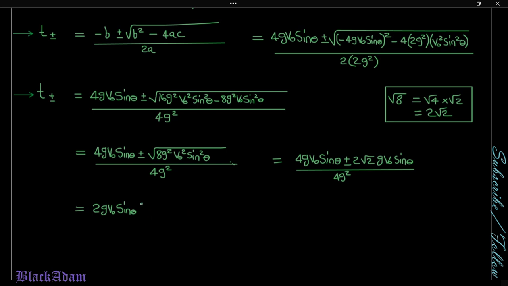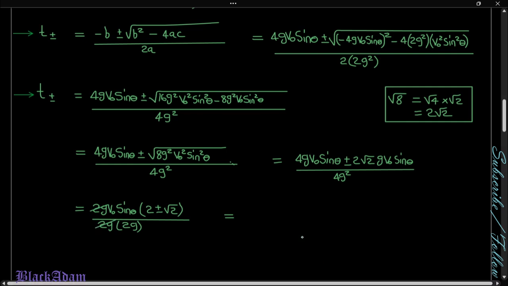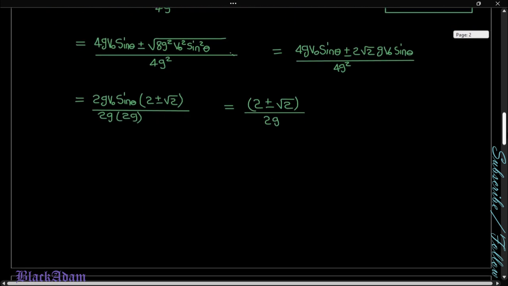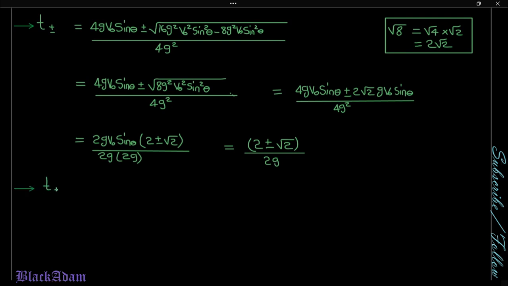We can factor that, so factoring that will give us 2 plus or minus root 2, because we factor 2 there, all over bracket 2g, so the 2g cancels out, and then we are left with 2 plus or minus root 2 over 2g, and that, remember, has plus or minus, okay, all that multiplied by v initial sine theta.